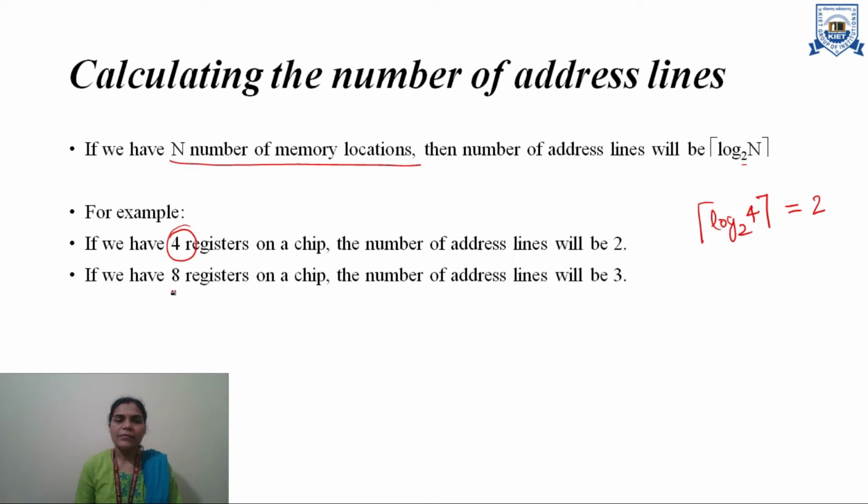If we have 8 registers on a chip, then the number of address lines will be 3. For 16 registers, the number of address lines will be 4. For 32 registers, the number of address lines will be 5. In this way, we can calculate the number of address lines for a given chip.